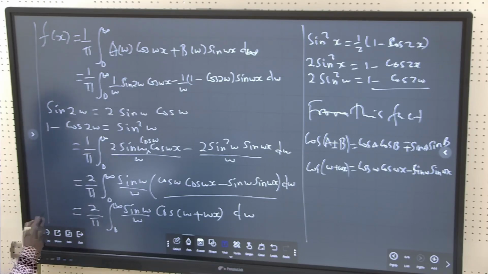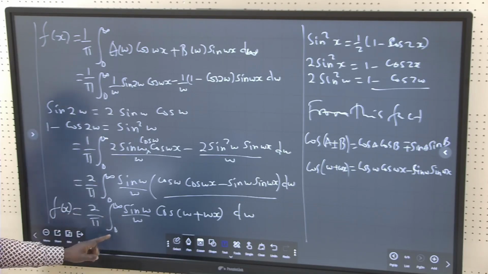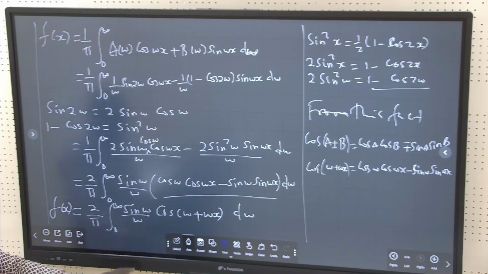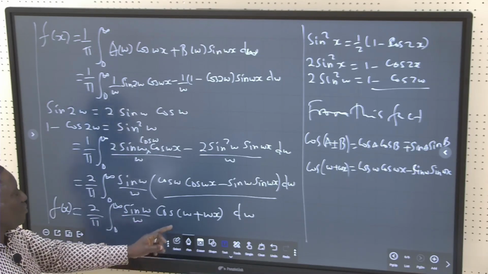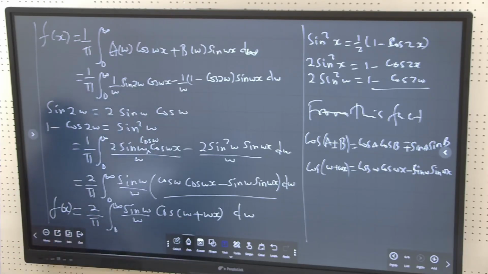So this is our Fourier integral representation for a function f(x). The function f(x) has now been represented as a Fourier integral: f(x) equals 2 over pi, the integral from 0 to infinity, sine ω over ω multiplied by the cosine of ω plus ωx.